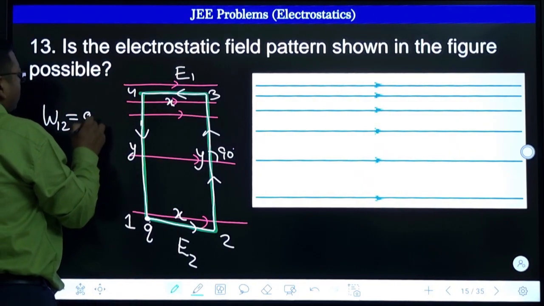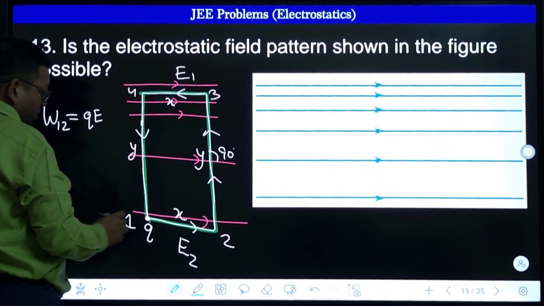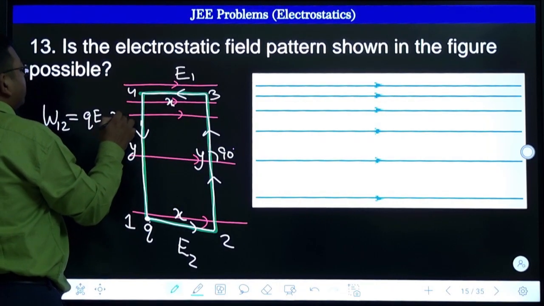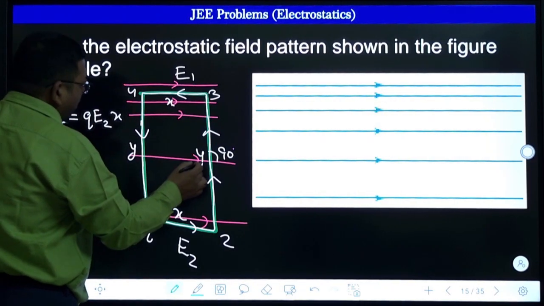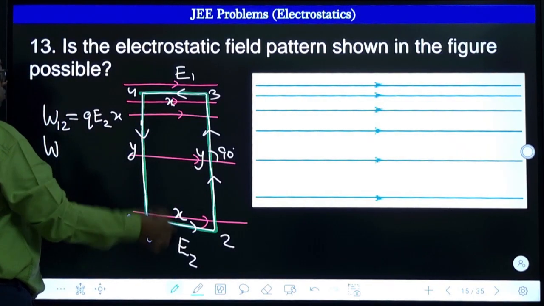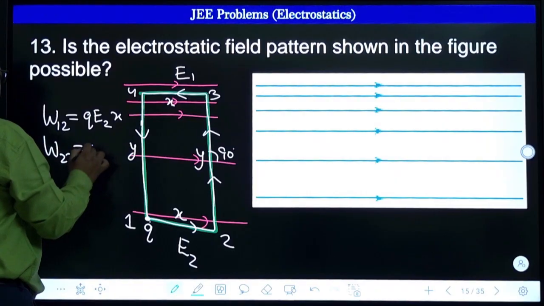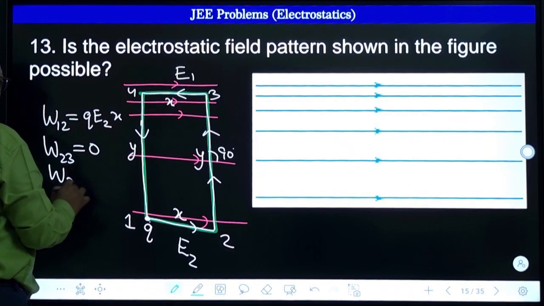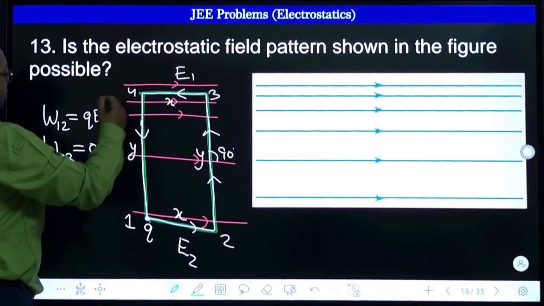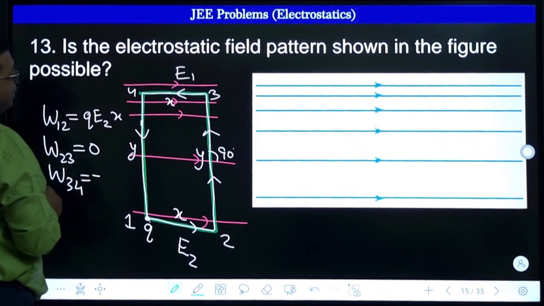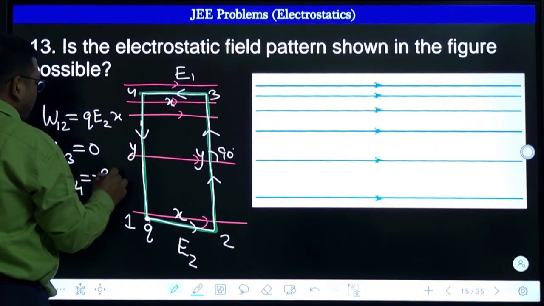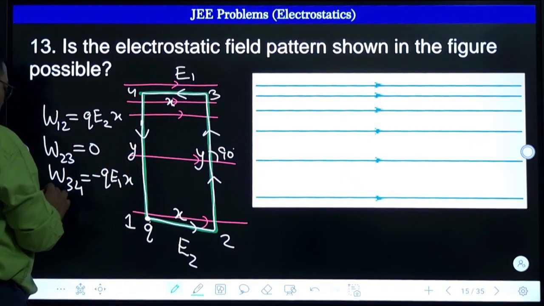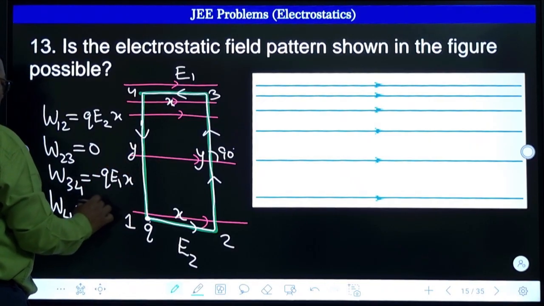Work done will be force into distance, so q E2 times x. Work done from 2 to 3 is zero because you are moving perpendicular. From 3 to 4 you are going opposite, so work will be negative: q E1 times the same distance x. From 4 to 1, again you are moving perpendicular, so work is 0.